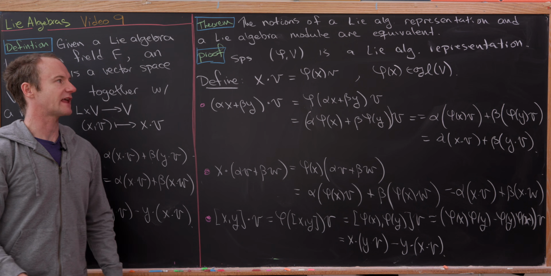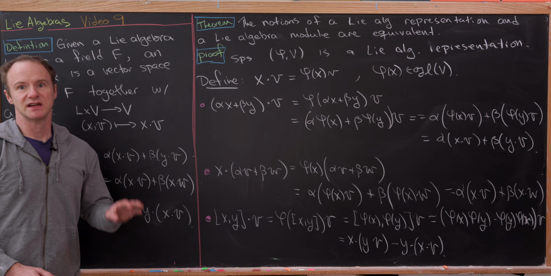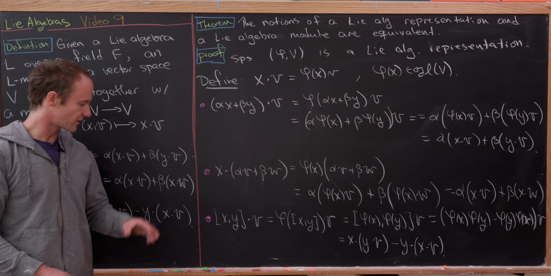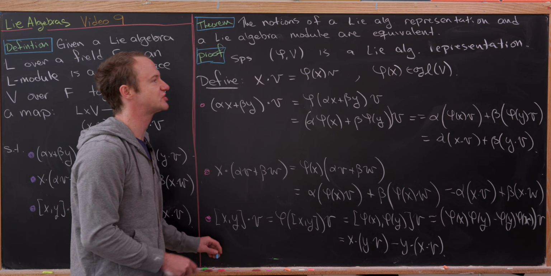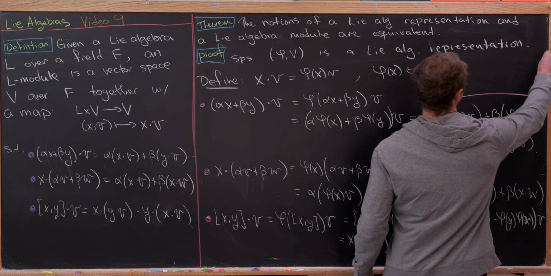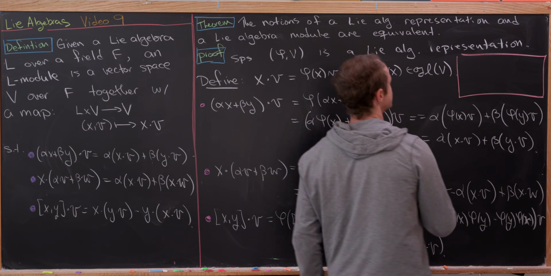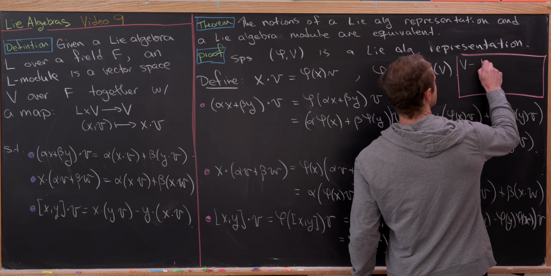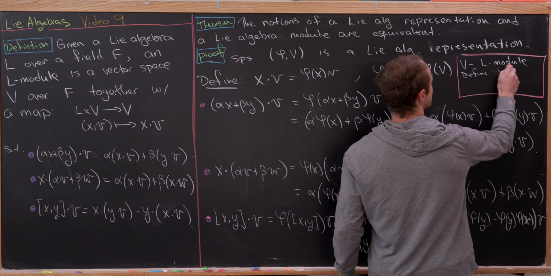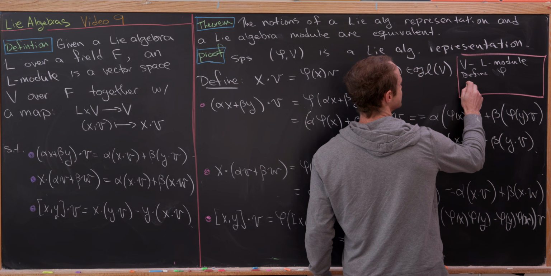We started with a Lie algebra representation and we created an obvious Lie algebra module structure. And now to go in the reverse direction, you would essentially just do this backwards. So let's write the first step right here, and then the rest will be a homework exercise. Let's say that V is an L module. That's what we're assuming. And then we'll define the map phi as follows.